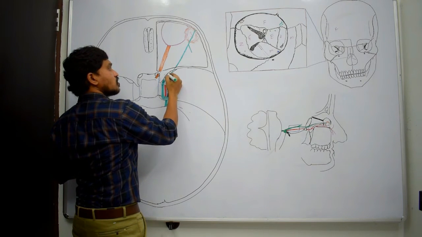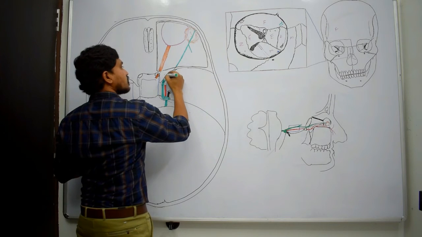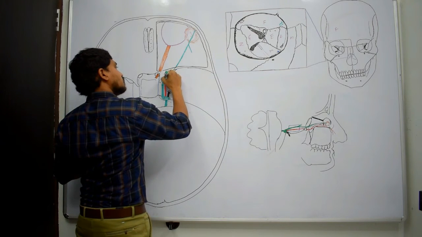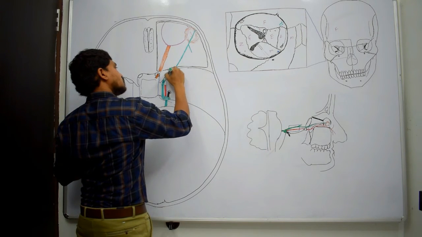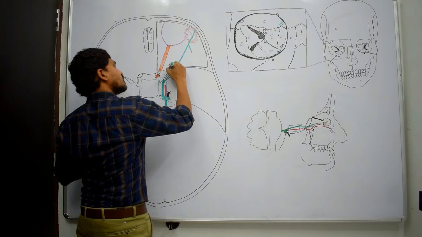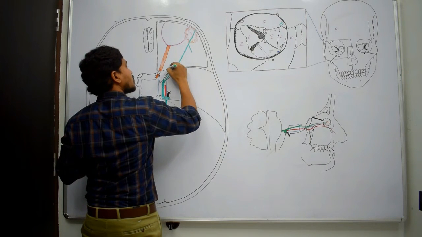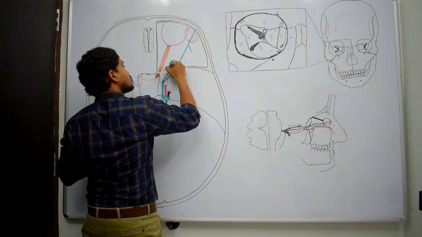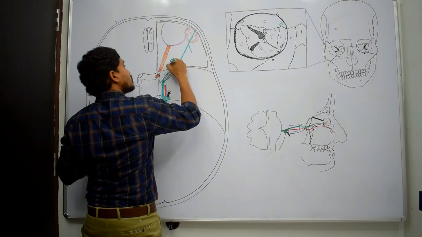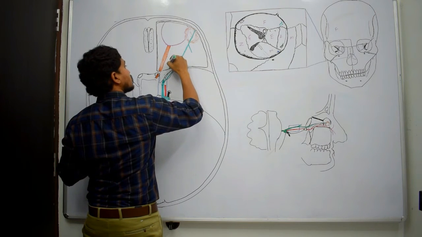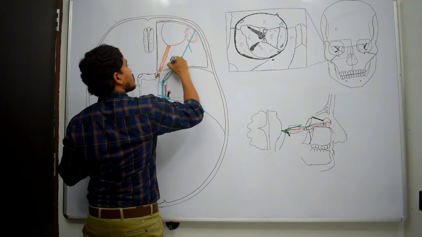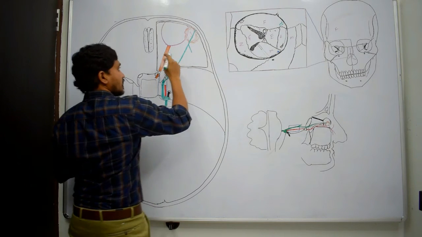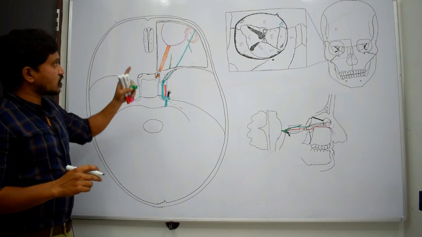Frontal nerve also passes through the lateral part of the superior orbital fissure. So it passes like this and enters into the orbit and runs superficial to the levator palpebrae superioris muscle. That means it runs over the levator palpebrae superioris muscle. I didn't draw all those structures to avoid confusion.